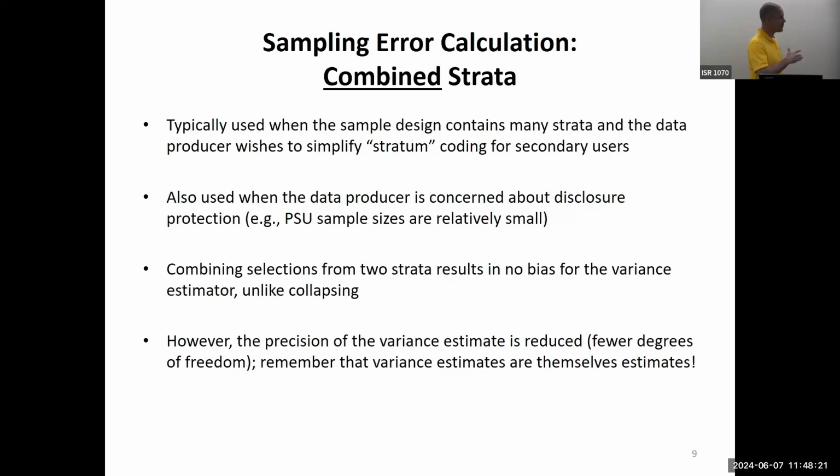So you have a large number of PSUs where the sample sizes are relatively small, and you want to combine the PSUs from different strata to create larger pseudo PSUs with more sample in each of them. Now, the nice thing about combining is it doesn't produce any bias in the variance estimates, like collapsing. It just reduces your degrees of freedom, right? You have fewer clusters to work with. So that's the loss, but it doesn't add any bias to the actual variance estimate.